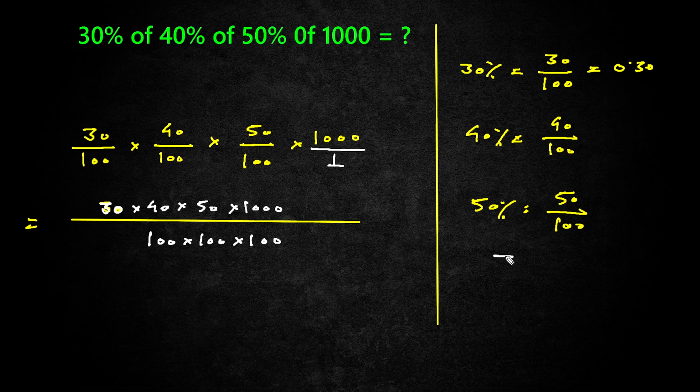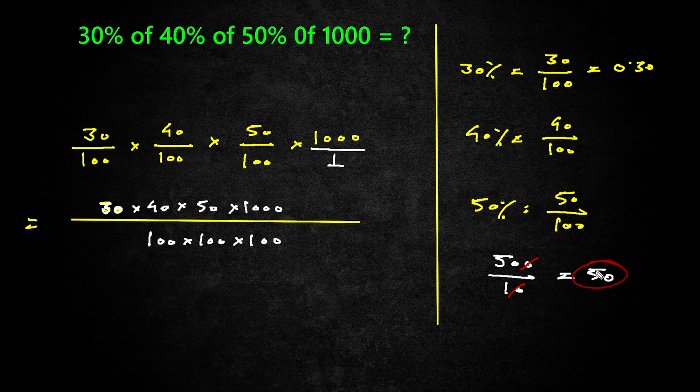Now, a simple strategy: cut a 0 on the top, cut a 0 on the bottom. It's the same thing. We are dividing the top by 10 and the bottom by 10. We can divide a fraction by the same number on the top and the bottom.